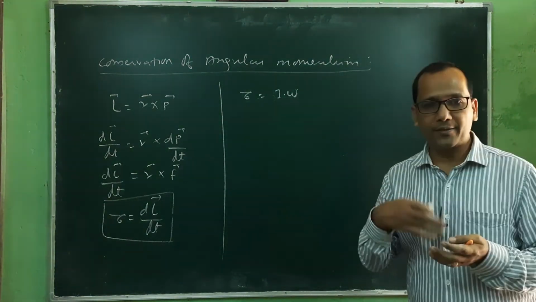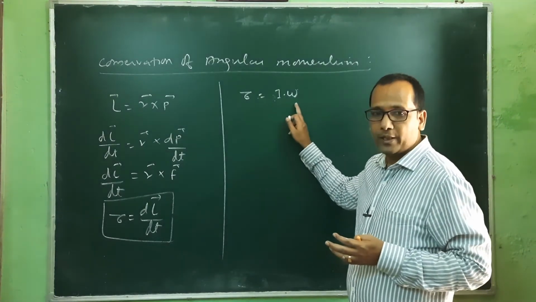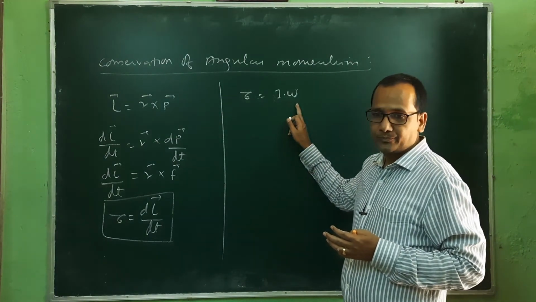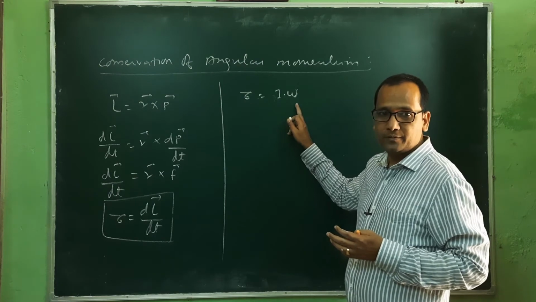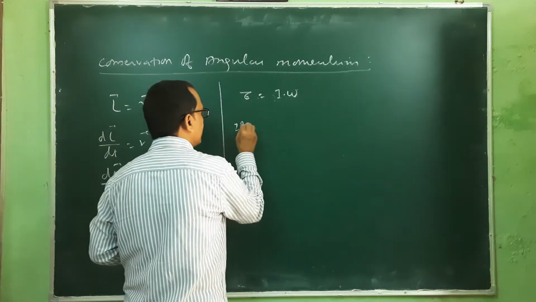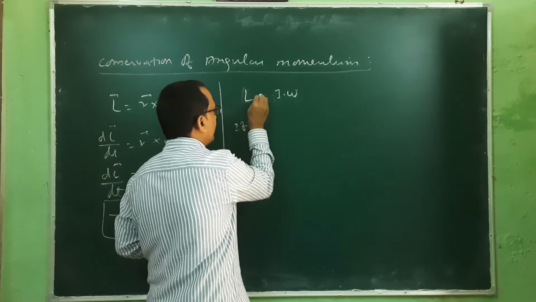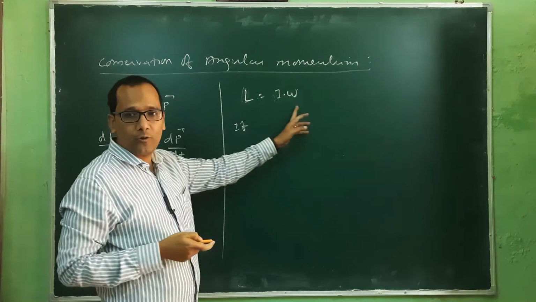Okay, because that external torque was taken as 0, and we have derived this. Do you remember? L is equivalent to I omega. L is equal to I omega, not torque. We have derived this.